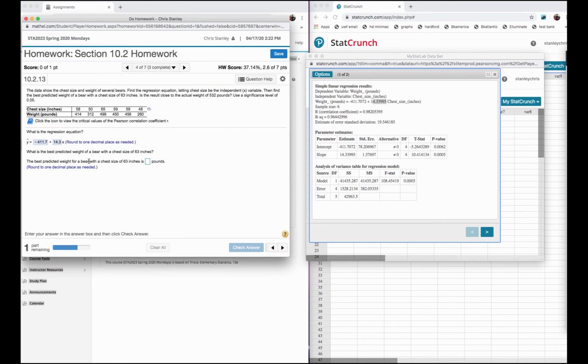Okay, so now what is the predicted weight for the 63 inches? So we need to take this 63 and plug it into here, as long as this p-value is less than or equal to alpha, which it is. So we're good to do it.